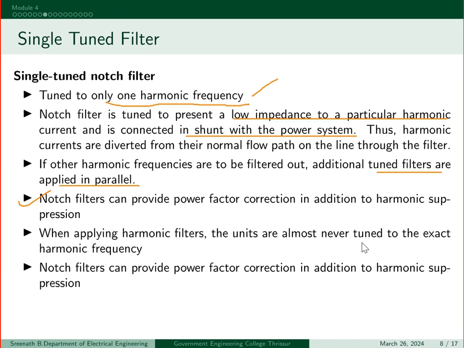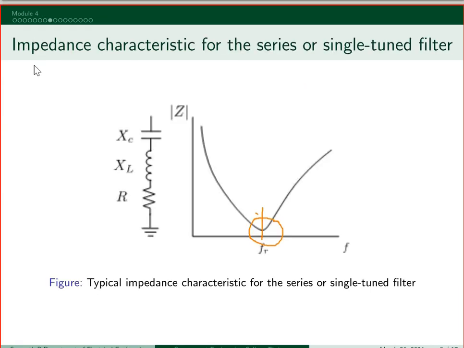Though they are tuned for a single frequency, they can operate for a range of frequencies in and around that tuned frequency, so that frequencies near that tuned frequency can be removed. So by providing reactive power, the notch filters also can supplement the power factor correction.